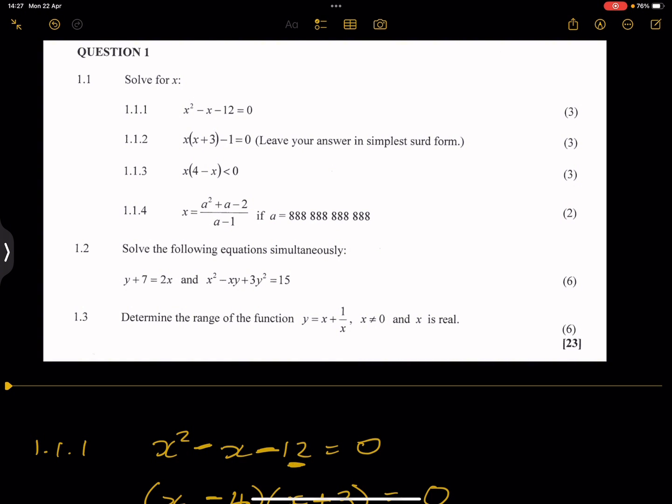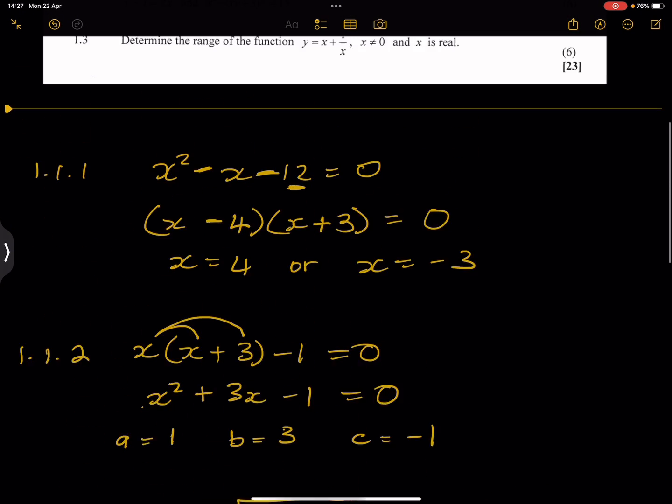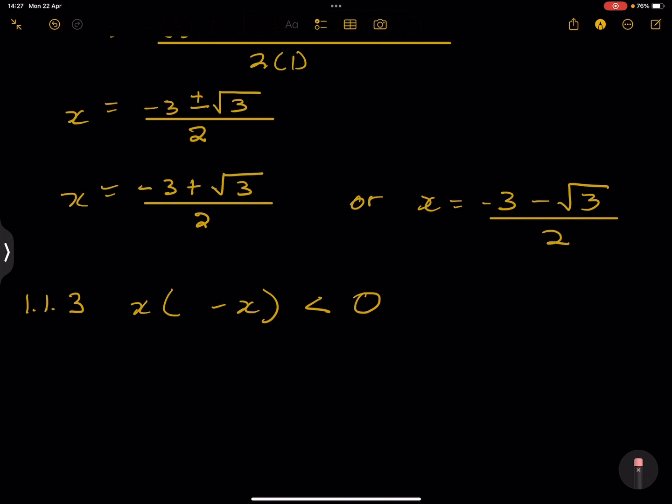They say we've got x into 4 minus x is less than 0. Now I want you to remember, ladies and gents, if I were to multiply these out, that's 4 minus x, not 3 minus x.